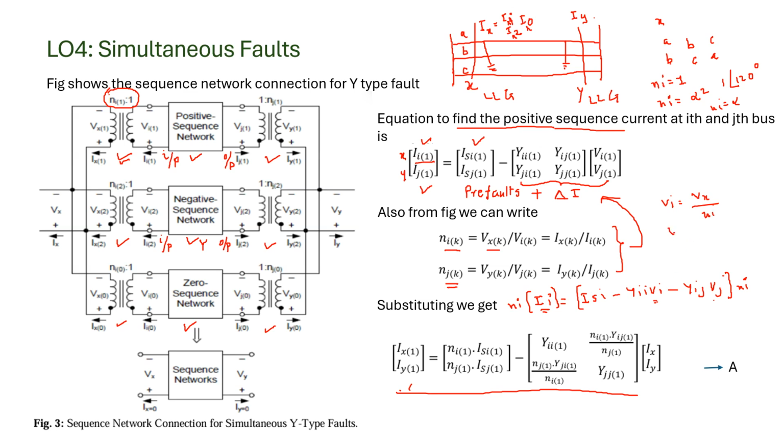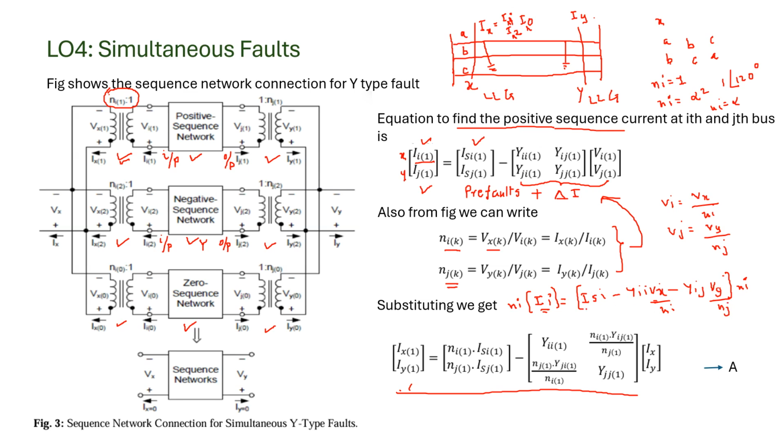And what is Vj? Vj is equal to Vy divided by Nj. So now here it will be Vx divided by Ni, and here it will be Vy divided by Nj.